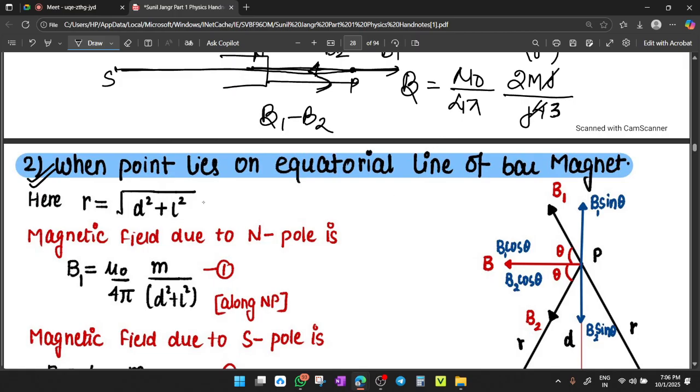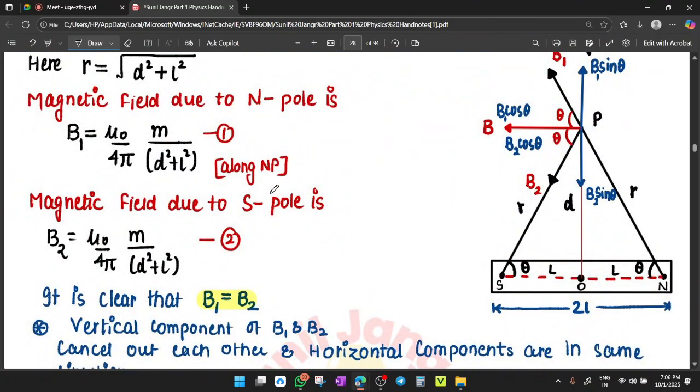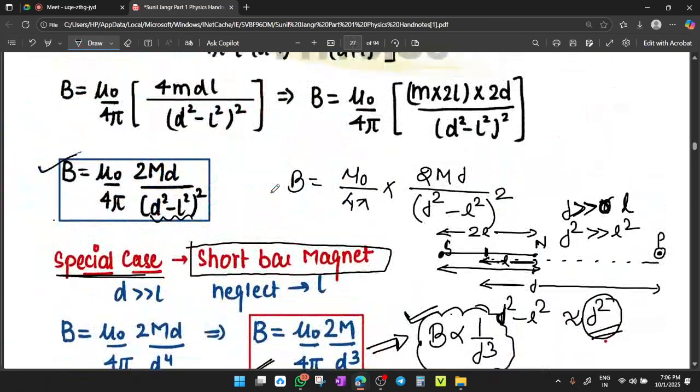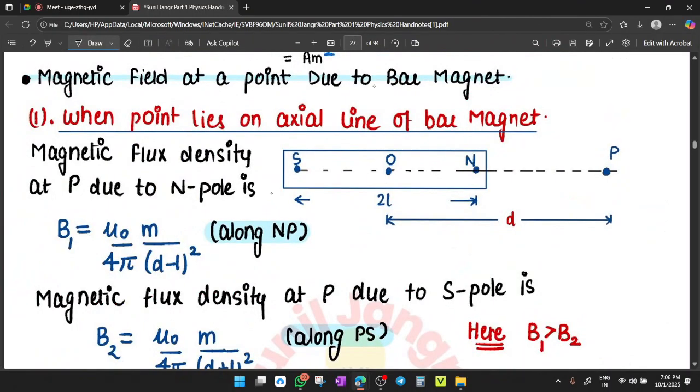For the equatorial line of the bar magnet, the resultant field is going backward; you see this is the direction of the resultant field. The concept is that in the case of the axial line, the direction of the resultant field is along the direction of the magnetic dipole moment, because the direction of the magnetic dipole moment is going from south to north, right?